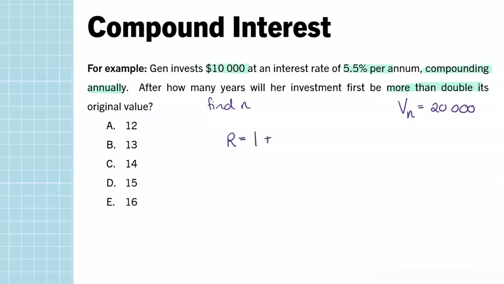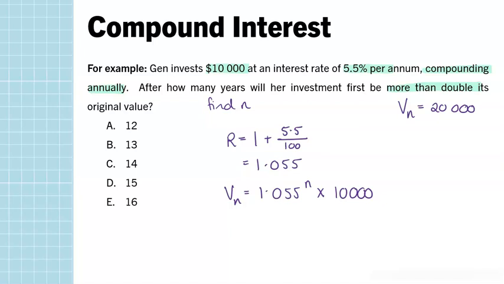What is R? So 1 plus our rate, 5.5, and that's compounding annually, so I don't need to adjust. I can just divide by 100. So that means I've got 1.055. For my general rule, I have Vn is 1.055 to the power of n times my initial value of $10,000.